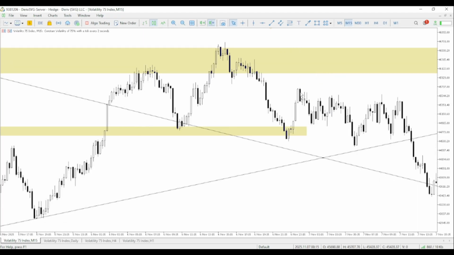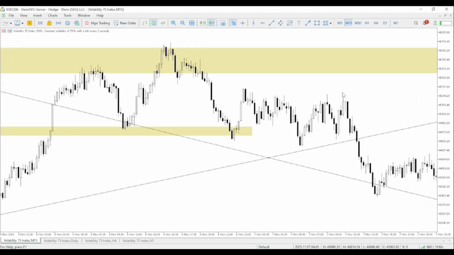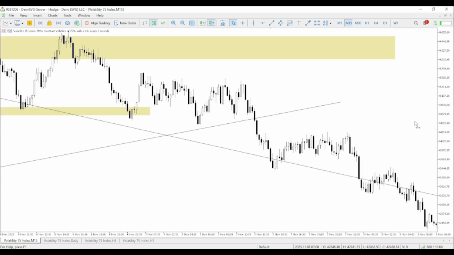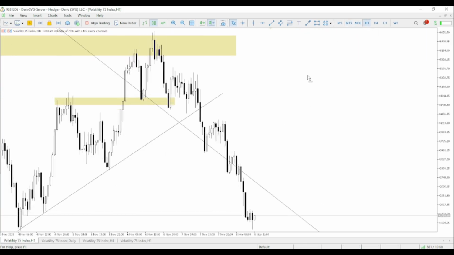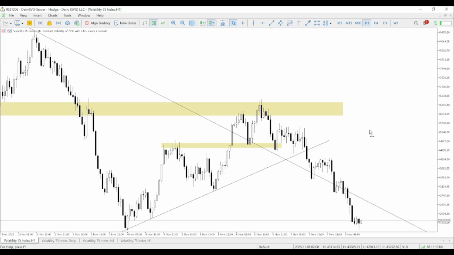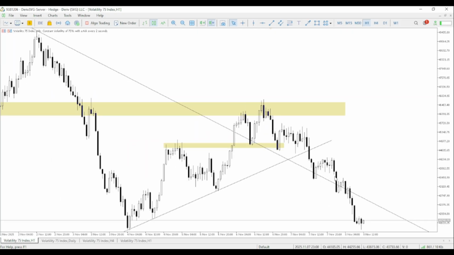And as you can see, this market has been selling to this level. Now let's zoom out to 1 hour and see what the market did. You see, the market sold, and a lot of people, the market would have taken them out from here, all this place somewhere here, price would have taken them out.